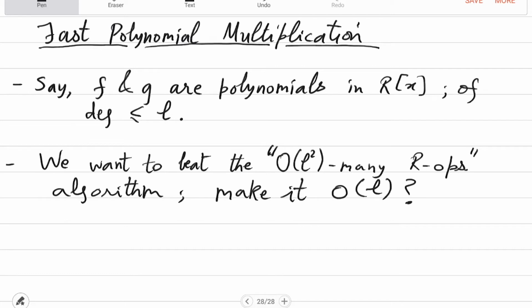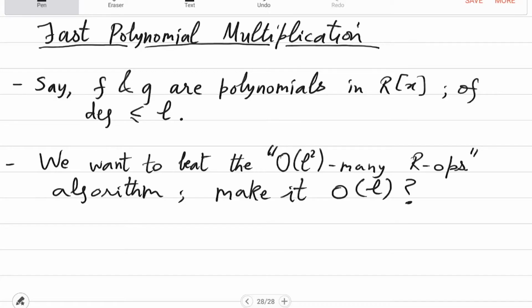So all we know is that we will need time at least L, but we don't know how much more. So the correct complexity is between order N and order L square. So this fast algorithm will achieve something between and much closer to L than L square.